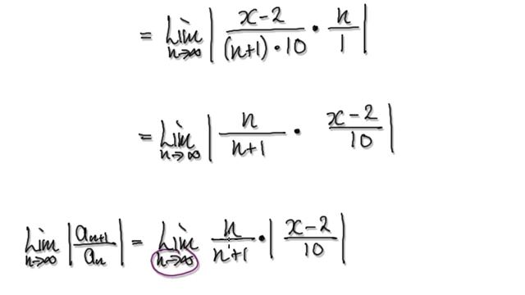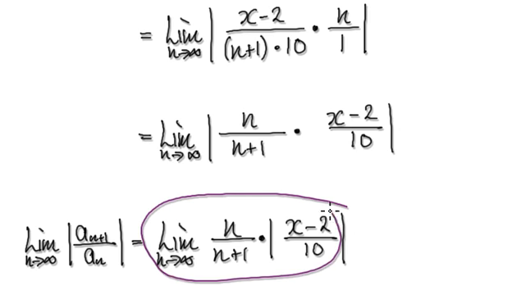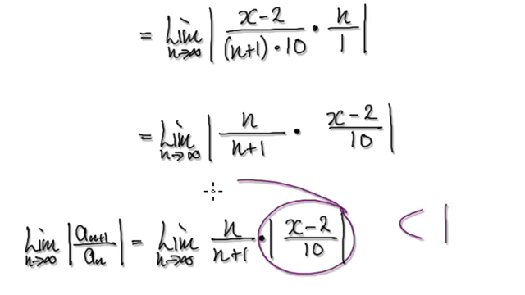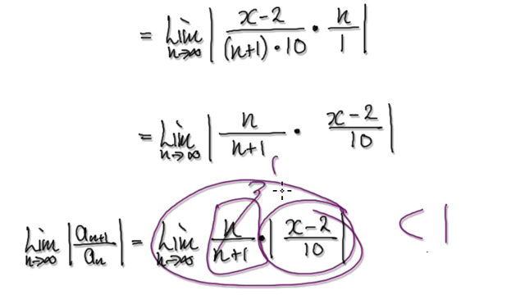Well, as n heads towards infinity, this is going to head towards 1. So you trying to make this less than 1 is really you trying to make this less than 1. The minute you can make this less than 1, then the whole thing will be less than 1, because the limit of this is going to be 1 as n heads towards infinity.